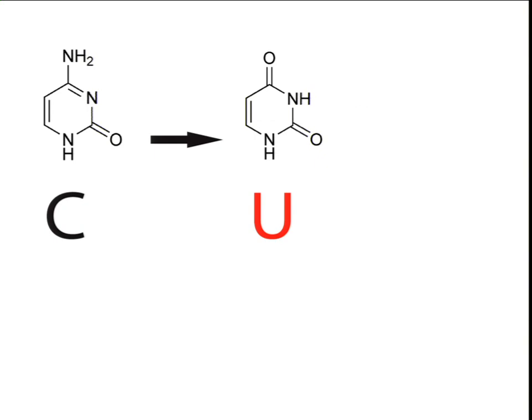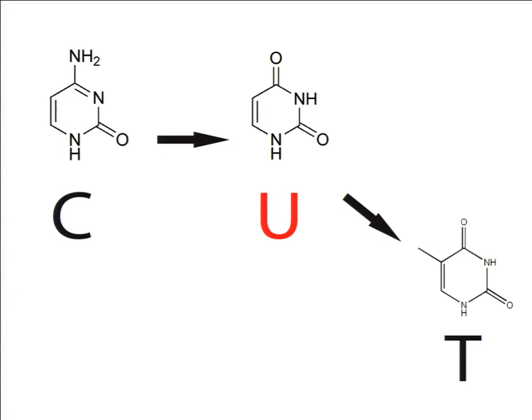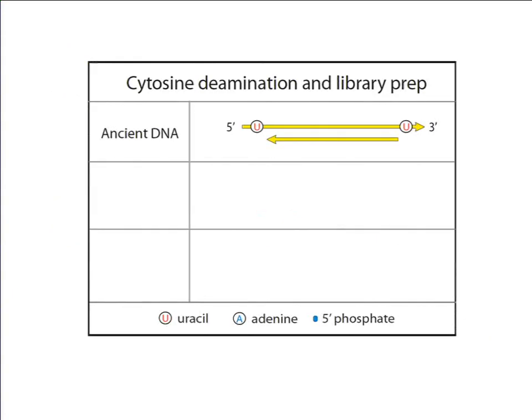It's deamination of cytosine residues that then lose this amino group, become uracil, which are then read by DNA polymerases. And this happens particularly in ends, we think, because where the DNA is single-stranded, it's particularly susceptible to deamination.